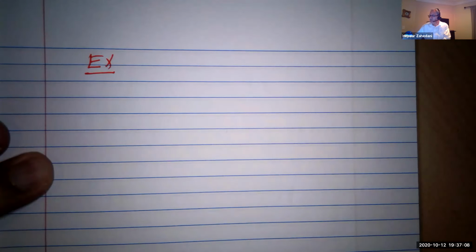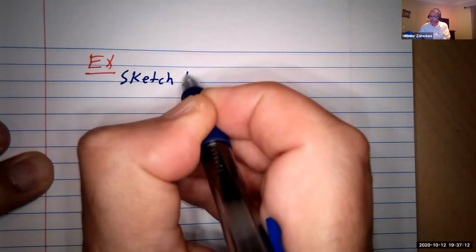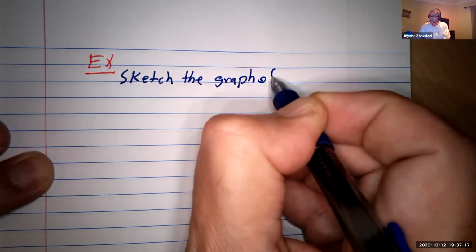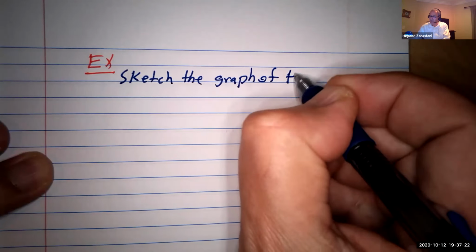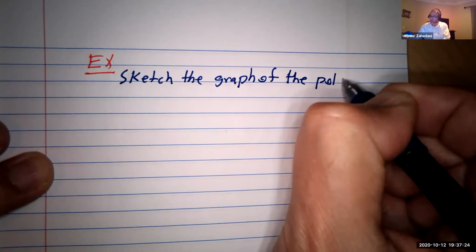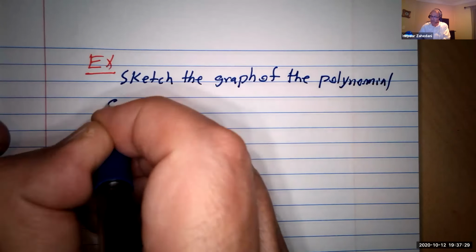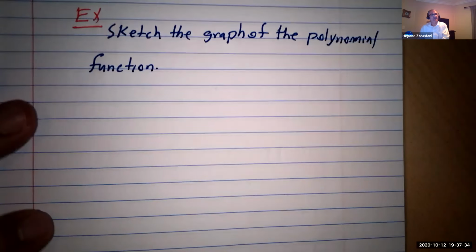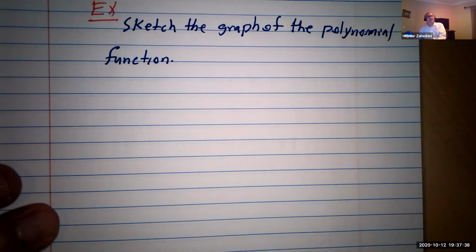Example: we would like to sketch the graph of a polynomial function. Usually they give you two, but after a little bit of factoring you need; otherwise the other one is just straightforward.